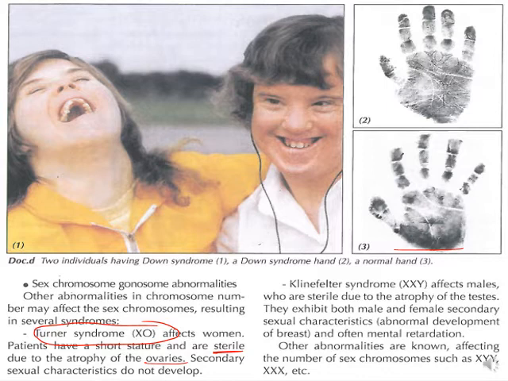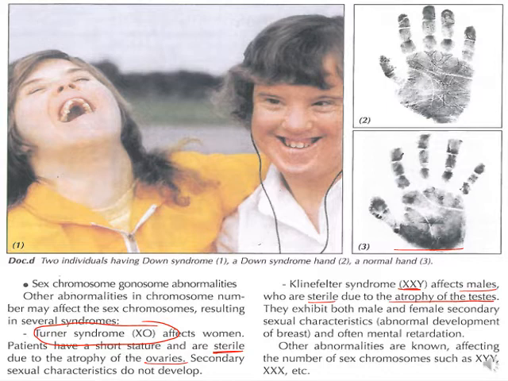Whereas Klinefelter syndrome, XXY, affects males who are sterile due to atrophy of the testes. They exhibit both male and female sexual characteristics. These individuals affected by Klinefelter have abnormal development of the breast and often mental retardation.